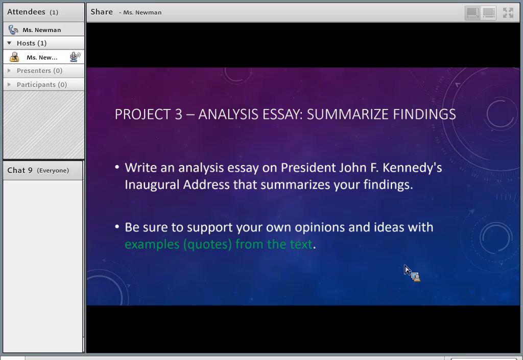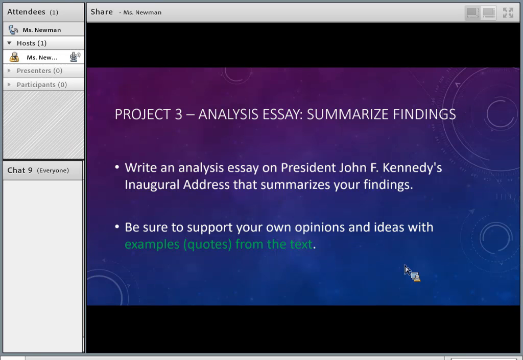Then you'll get to that last day and it says to summarize your findings, write an analysis essay on President John F. Kennedy's inaugural address that summarizes your findings. Be sure to support your own opinions and ideas with examples or quotes from the text. Something I want to point out here is you don't need to worry about getting this right or wrong. It's really just about what you thought. What did you find from reading the text?